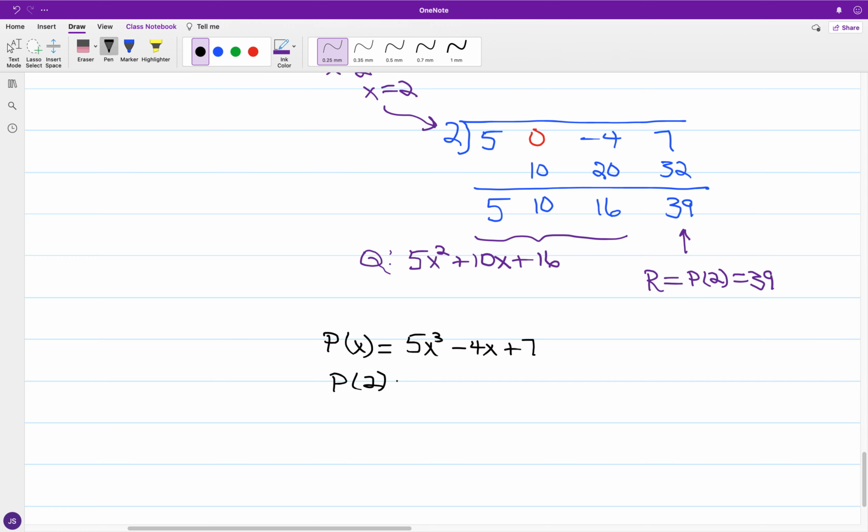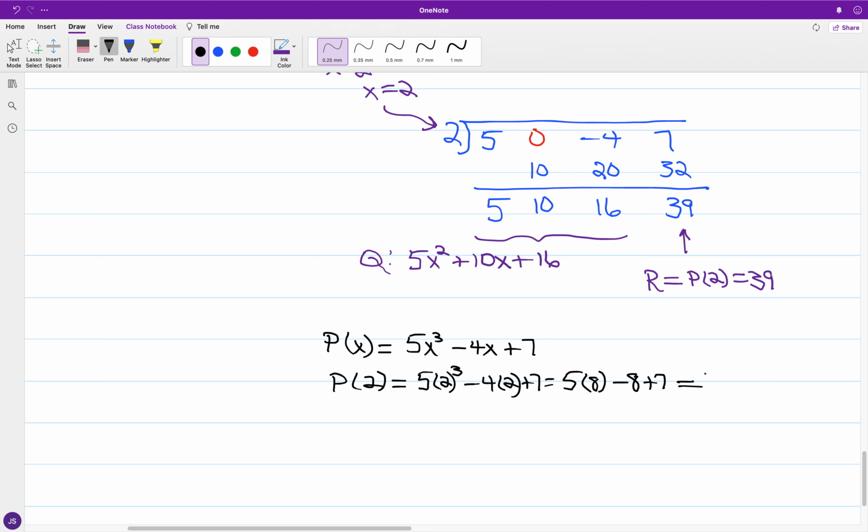For the function value, whenever I have the zero of the divisor as the input, p of 2 equals 5 times the cube of 2, minus 4 times 2, followed by the addition of 7. So 2 cubed is 8, and we have minus 4 times 2 is negative 8, and we have plus 7.